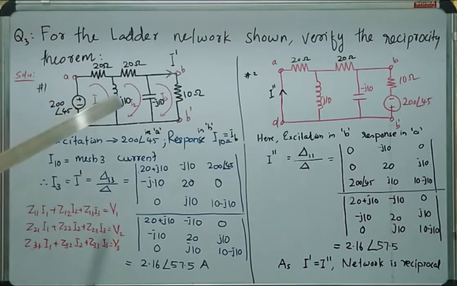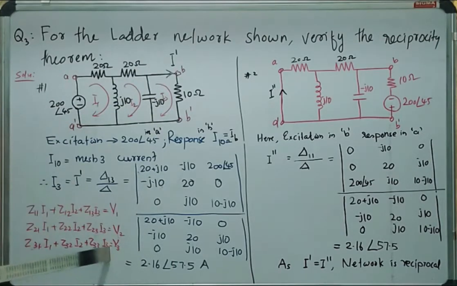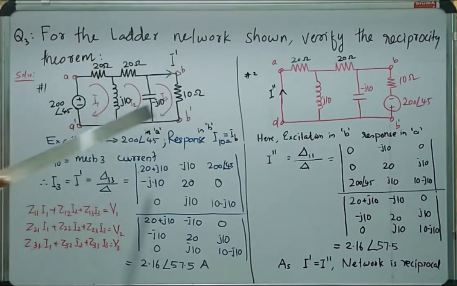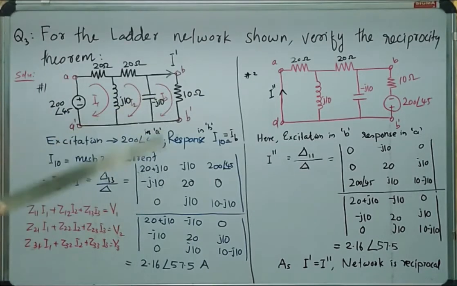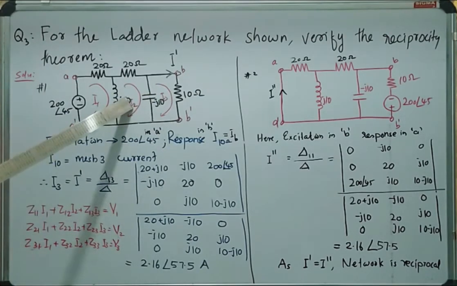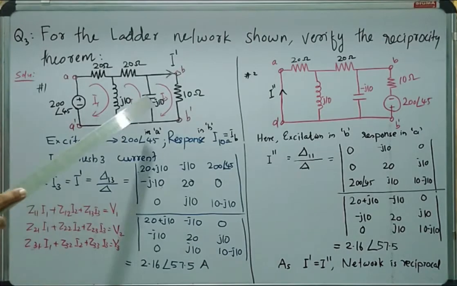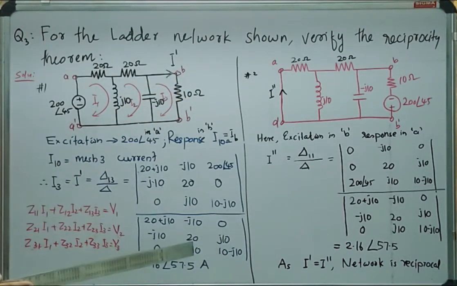When we are considering mesh 3, the voltage in mesh 3 is 0, so V3 becomes 0. The impedance common between mesh 3 and mesh 1 is 0. The impedance common between mesh 3 and mesh 2 is minus J10. As the current direction I2 is opposite to I3, the sign is minus of minus J10, which becomes J10. And the total impedance is 10 minus J10. So in this way, we can write this matrix.